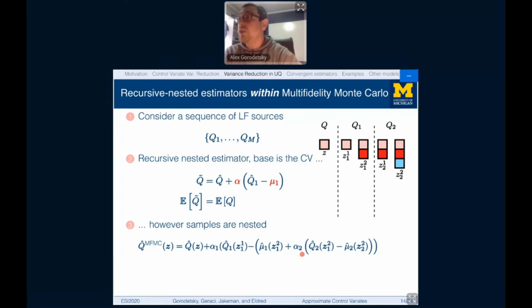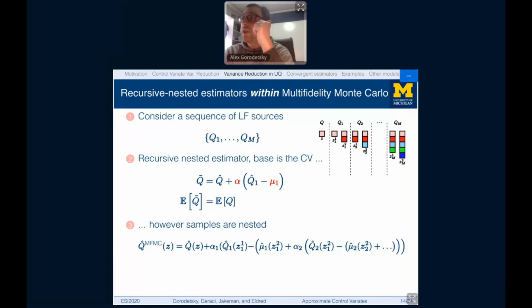Here you see that these control variates become nested, and you can keep doing this until you've exhausted your models. And eventually you have this nested sampling strategy shown here. And then you can group all the terms within this nesting again into an approximate control variate representation.